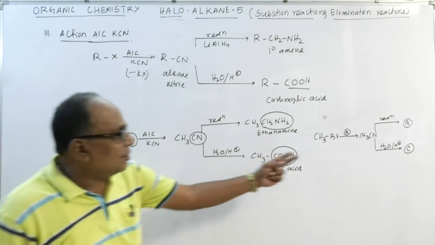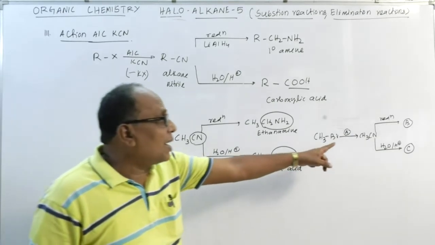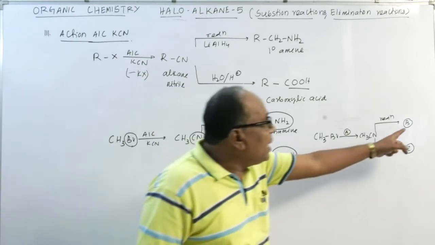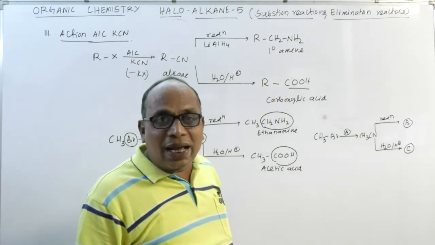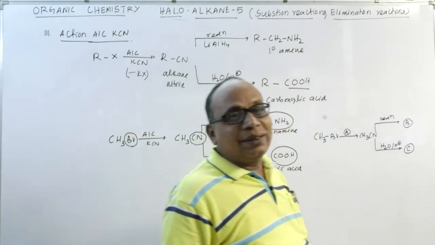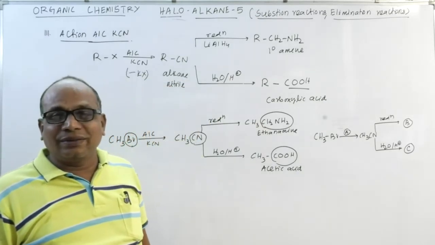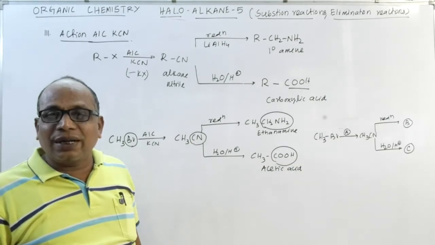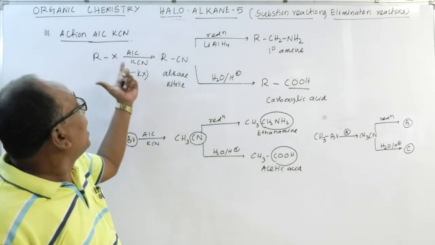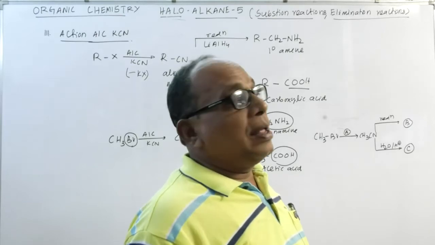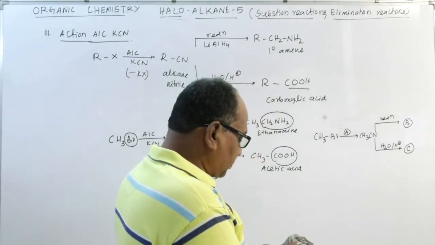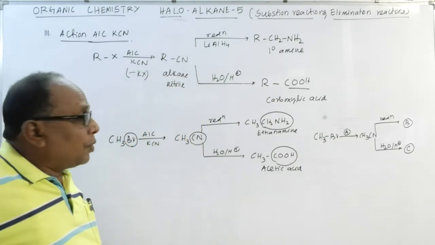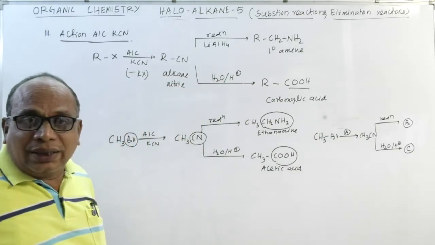It's just comparison. A is your alcoholic solution of potassium cyanide, and B is your ethanamine or ethylamine, and C is your acetic acid. Okay, students, this is the action of alkyl halide with alcoholic solution of potassium cyanide.